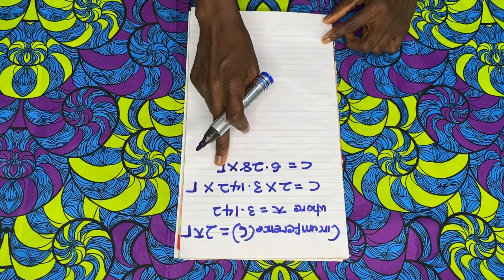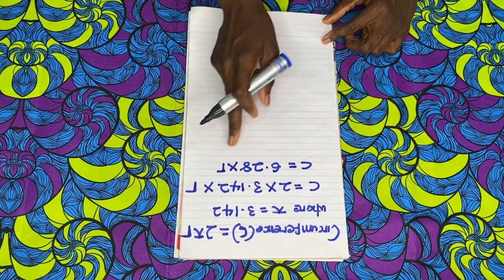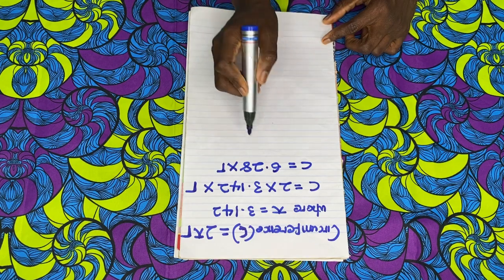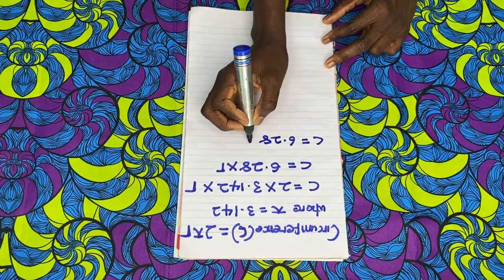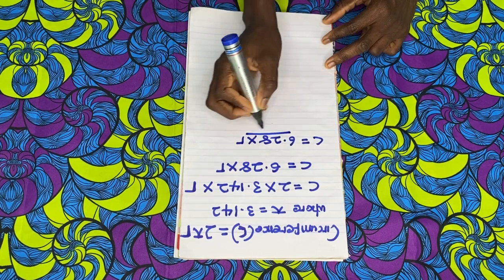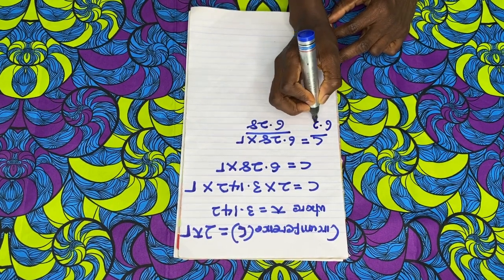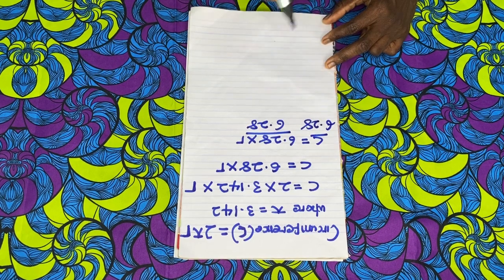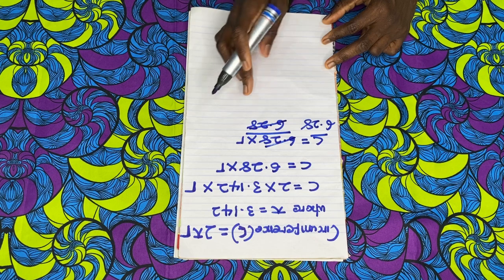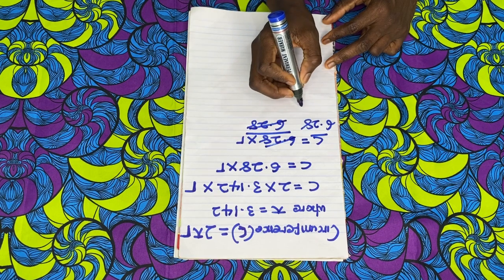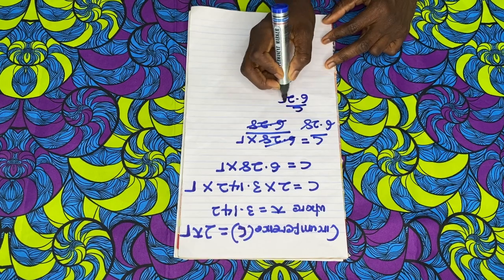To make r the subject of the formula, you will be dividing the two sides of the equation by 6.28. On the right hand side of the equation, 6.28 will cancel 6.28 and we'll be left with C divided by 6.28 is equal to r.